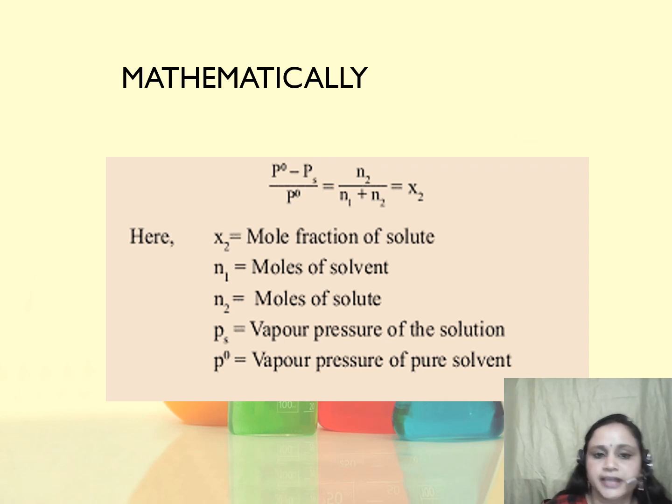Here on the left hand side, P naught represents the vapor pressure of the pure component and PS represents the vapor pressure of the solution. N2 and N1 are the numbers of moles of the components, which help in calculating the mole fraction.